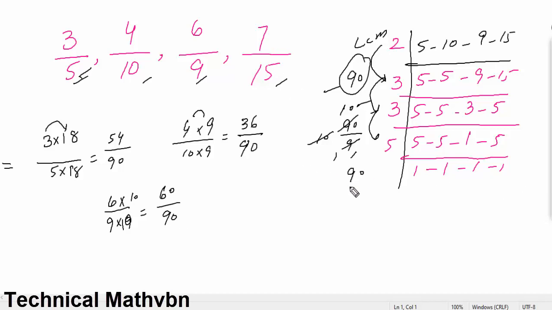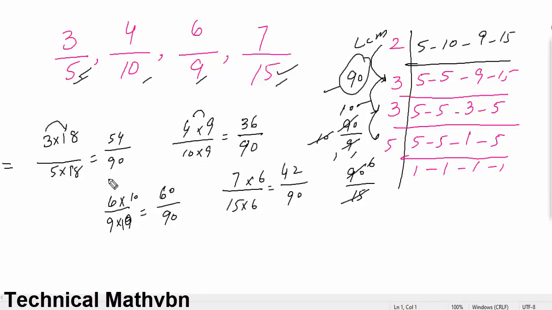Now 90 divided by 15: 15 sixes are 90, the answer is 6. 7 over 15 multiplied by 6 is 42 over 90. Student, got the idea?